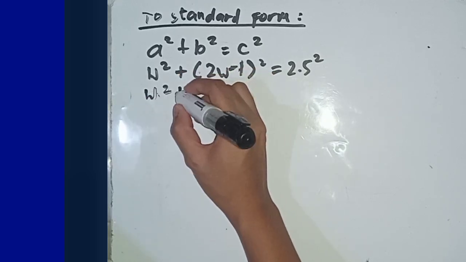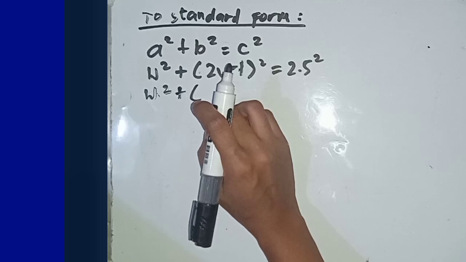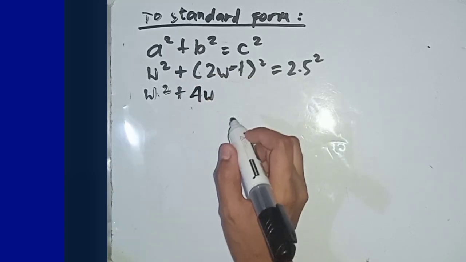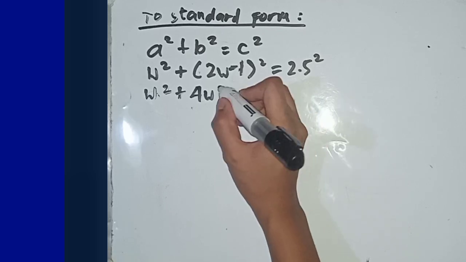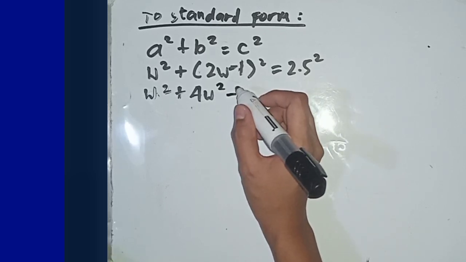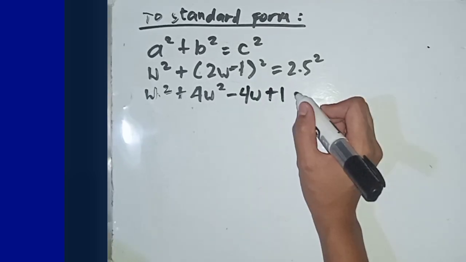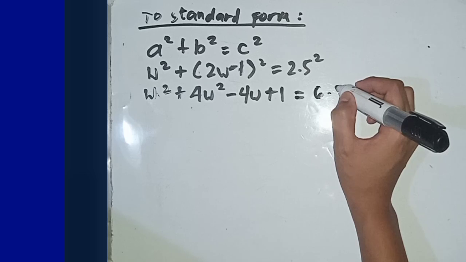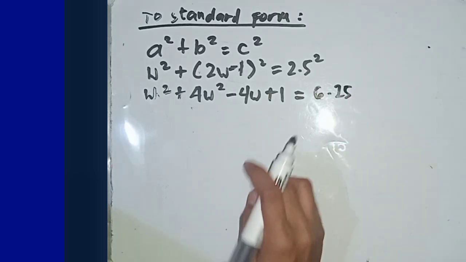So that would be now, yes, that would be 4w squared minus 4w plus 1 is equal to 2.5 squared. That would be 6.25.